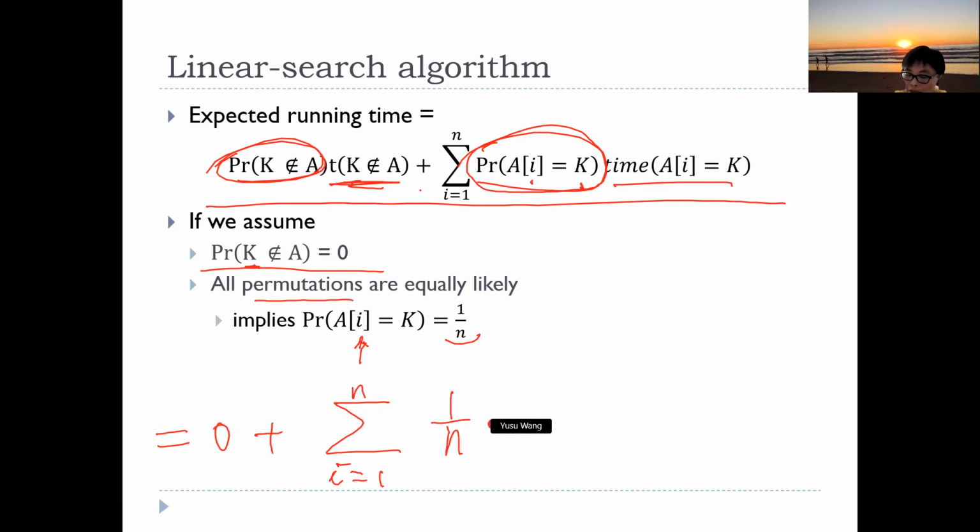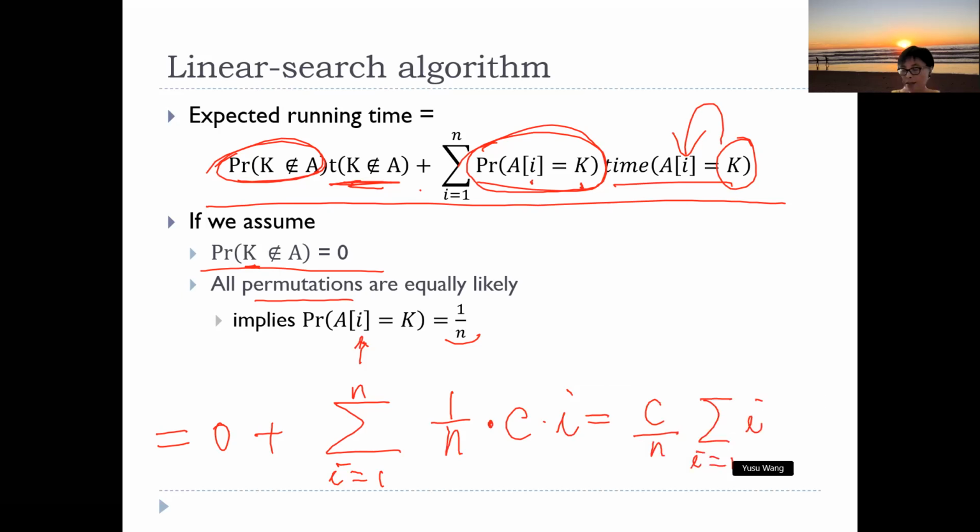Now, if the key is at the ith position, what is the running time of the algorithm? Well, the algorithm just linearly scans the array till we find the key, right? So if it's in the ith position, then we only need to scan i items in the array. So the time complexity is C times i, which means that our time is C over n times the summation of i for i goes from 1 to n.